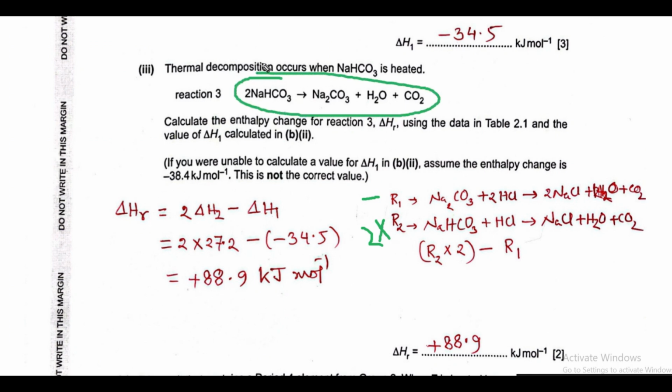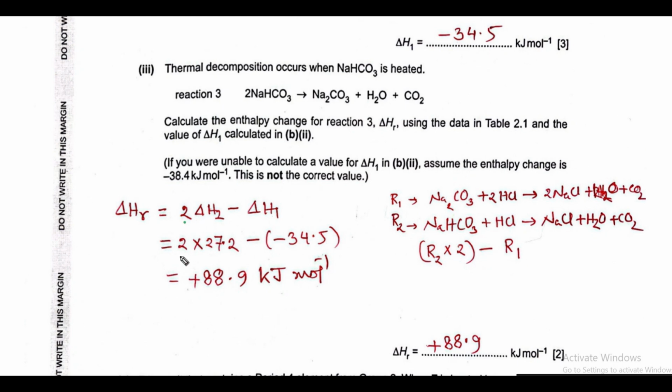That means the enthalpy of reaction 3 will be 2 times ΔH2, the enthalpy of reaction 2, minus ΔH1.